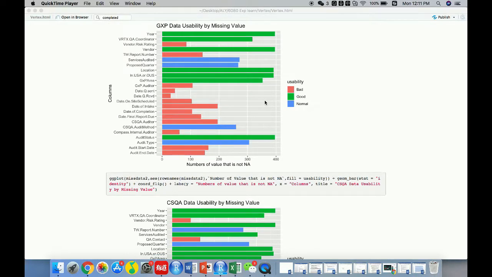This is very bad news for us because we cannot use all of our data to give an accurate result, because analyzing the columns with bad usability is meaningless. Analysis results from bad data can be very inaccurate and even wrong.